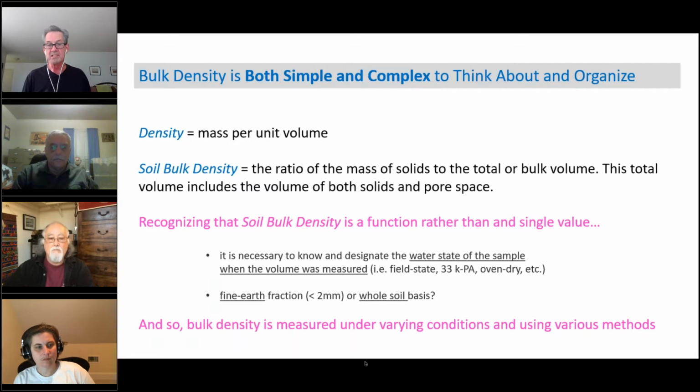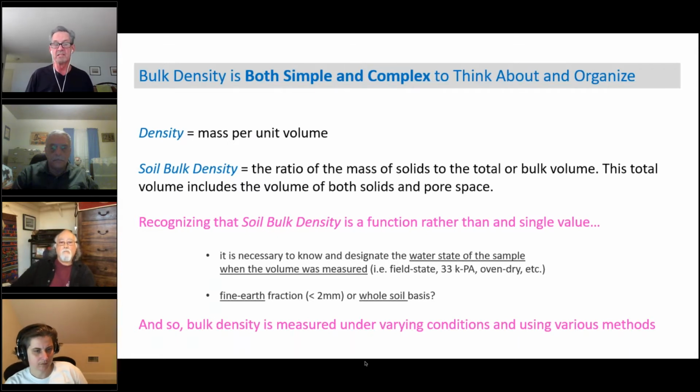It's necessary, as has already been said, that we need to know and designate the soil water state of the sample when the volume was measured. Are we talking fine earth fraction that we're dealing with, or the whole soil basis, etc. So point being is bulk density is measured under varying conditions using varying methods. Next slide.